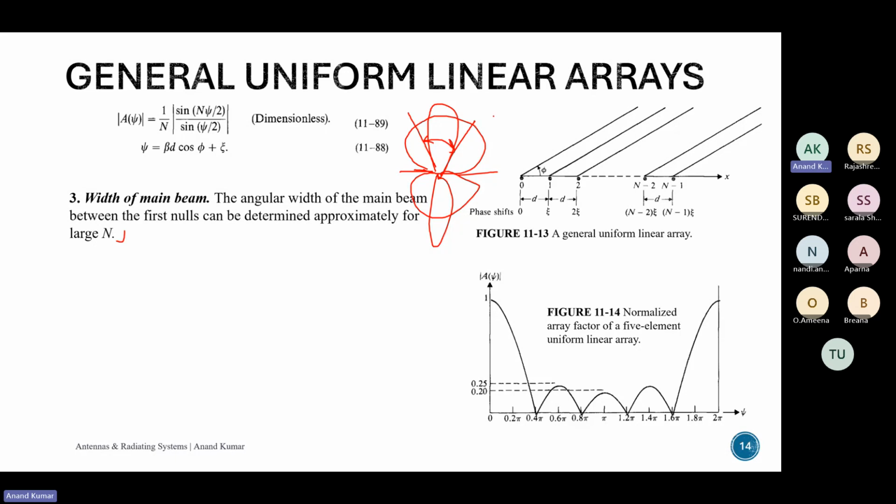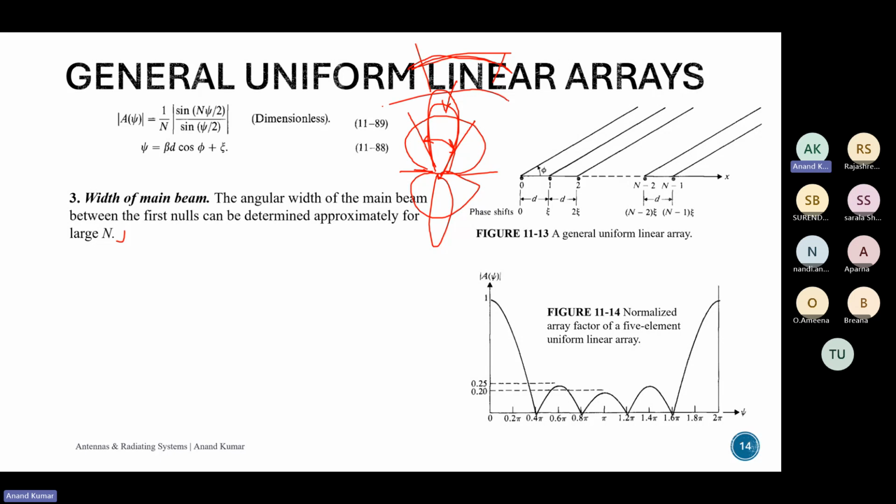And this is important, because based on the application, if you want a higher gain, which implies the beam should be narrower, and the region where we want to look using the antenna is this, we can have a narrower beam. So what we can do is try to reduce the beam width.